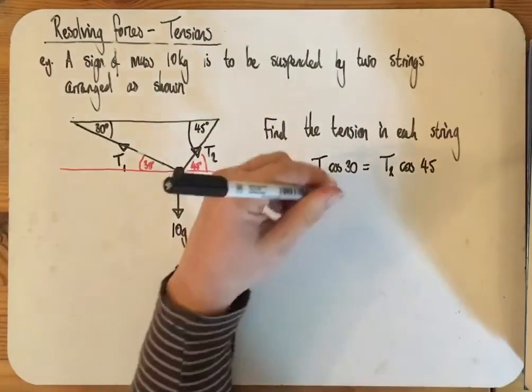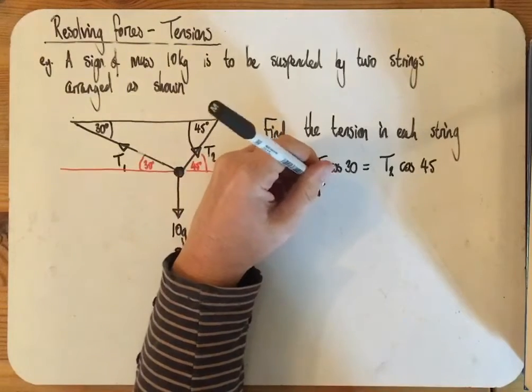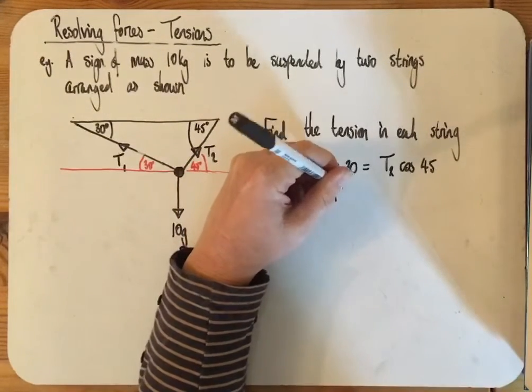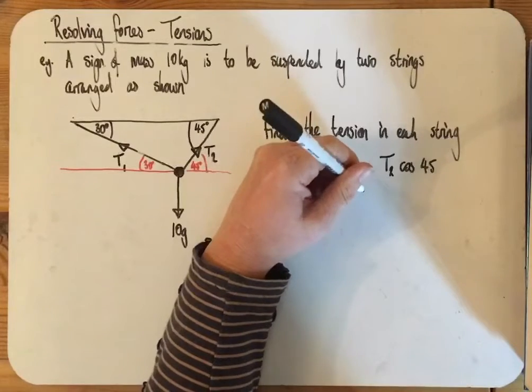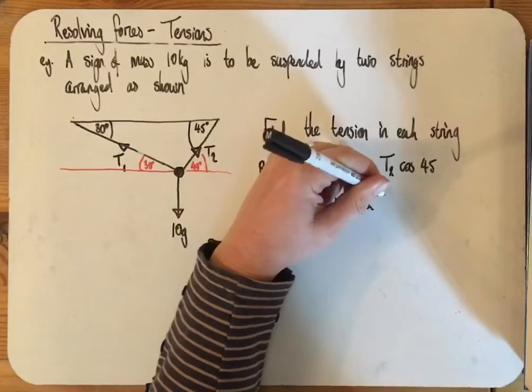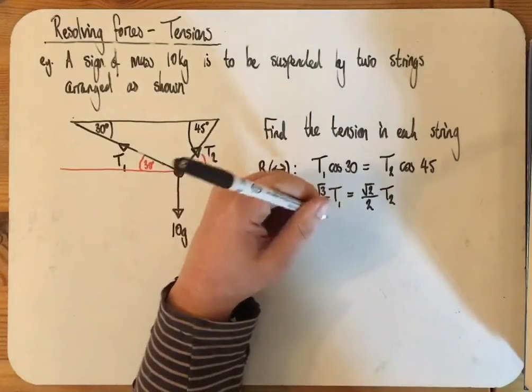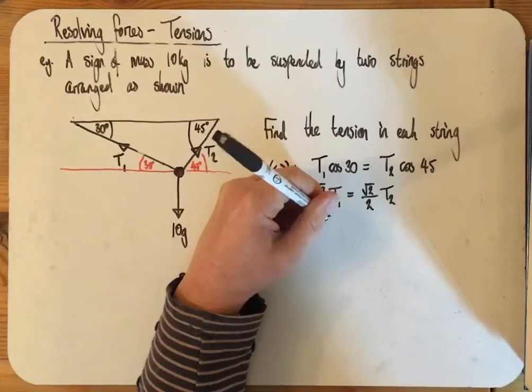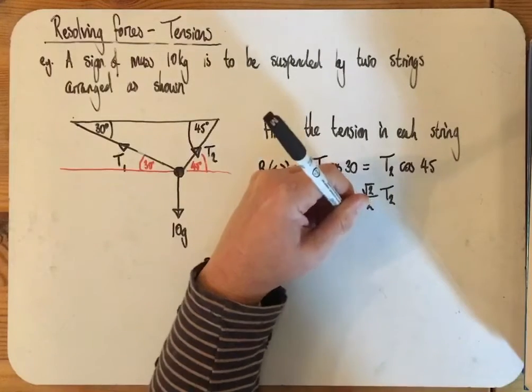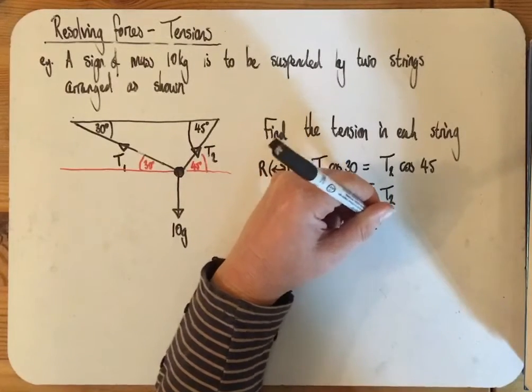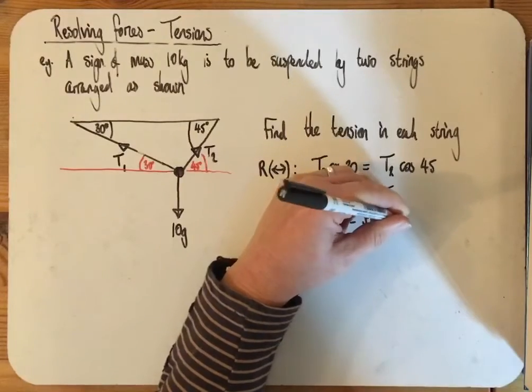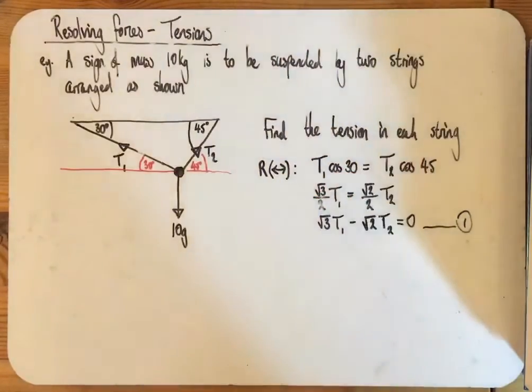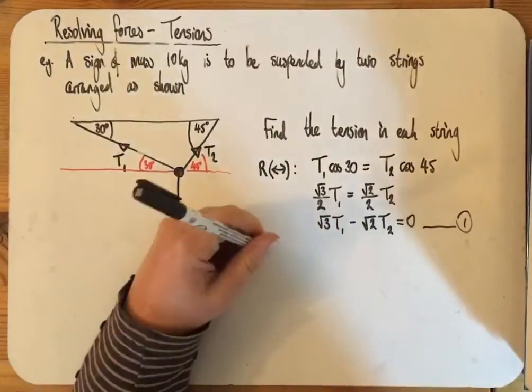And so cos 30 is root 3 over 2, and cos 45 is equal to root 2 over 2. And I'm just going to multiply through by 2 and collect it all to one side because I know I'm going to be putting it into my calculator. That's my only reason for doing that. So that's my first simultaneous equation. I would just use your calculator for simultaneous equations if you can. Obviously, if you've got unknown constants in it, you might not be able to.